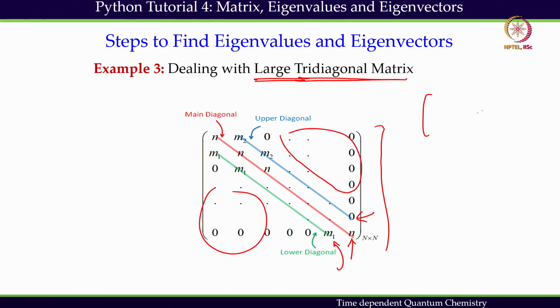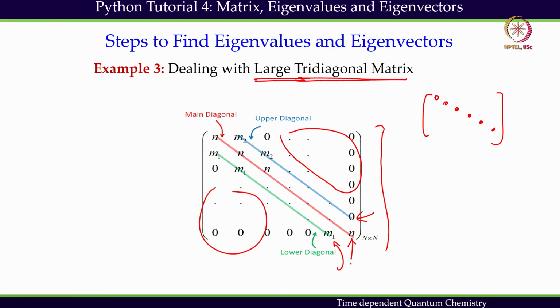So, if I have a matrix where only the diagonal elements have non-zero values, and the remaining part is 0, then it is called a diagonal matrix. The main diagonal of a matrix consists of elements that lie on the diagonal that runs from top left to the bottom right. A tridiagonal matrix, which is presented here, has non-zero elements on the main diagonal.